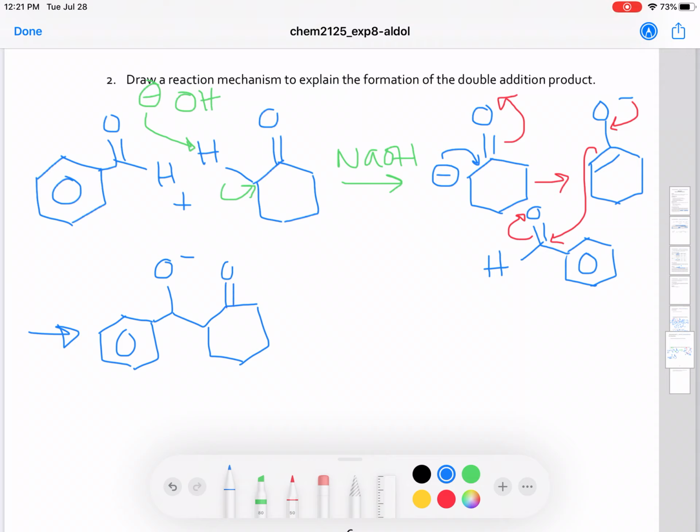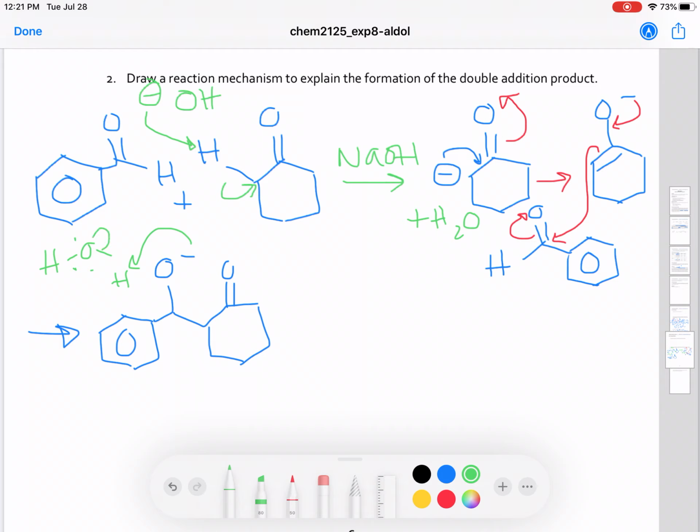And then we are in sodium hydroxide medium, and OH minus plus hydrogen generates a water molecule. Okay, remember, water molecule. So this enolate ion goes and grabs hydrogen from a water molecule, giving you the alcohol, OH.